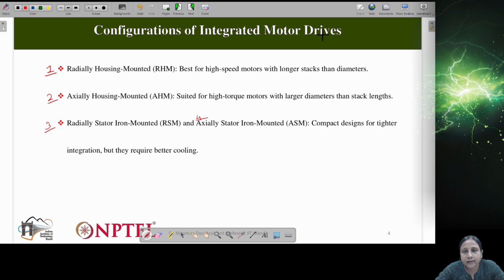Since drives will be connected to the motor, the positioning of the drives in the motor defines these four categories. The pictures you can get from the references. It is related to the construction of the machine, and any of these can be used in any type of motor, depending on the application and the advantage of that particular type. Then it will be considered as integrated motor drives.